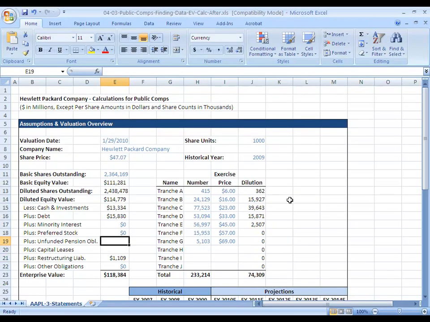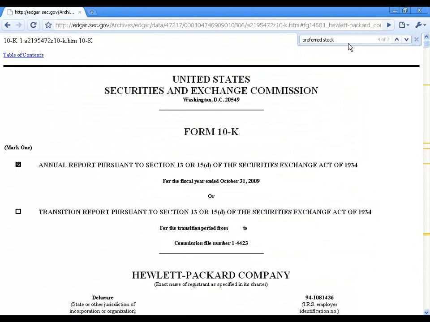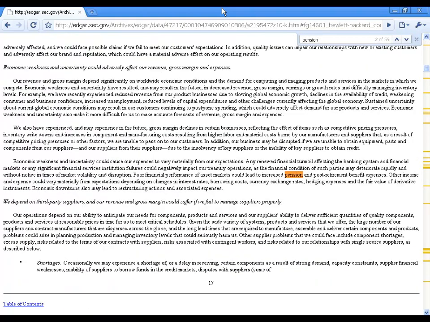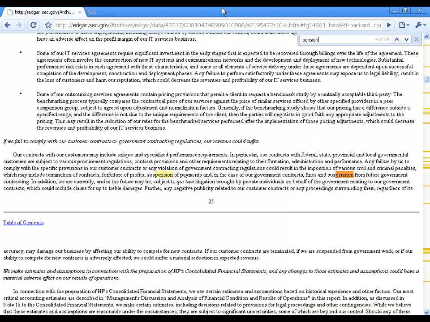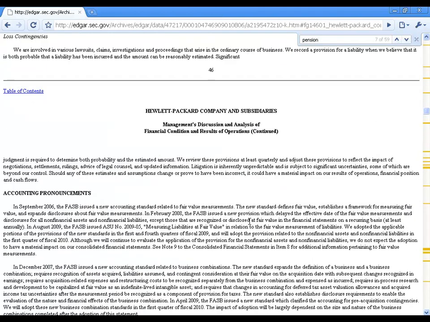Unfunded pension obligations, that's what we're going to turn our attention to right now. So let's scroll up to the top and I'm going to search for pension. We see a lot of references to it. I'm going to keep scrolling down because we want to look for any graphs or charts that give us all these numbers. So retirement benefits right here. They're not giving any numbers or any graphs.